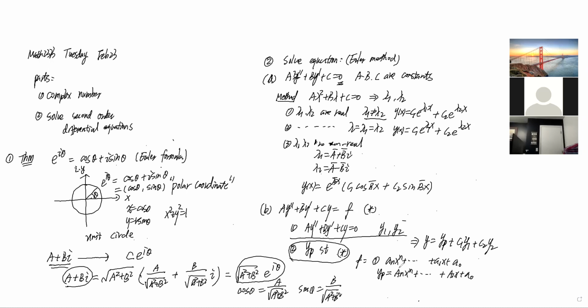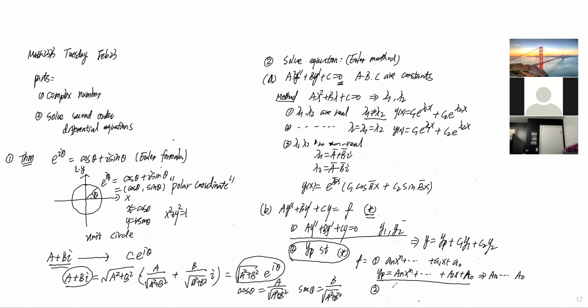Anyway, you have to be careful. This case is okay. And then you plug this yp into the star and try to determine the coefficients a_0 and so on. This is the first case.